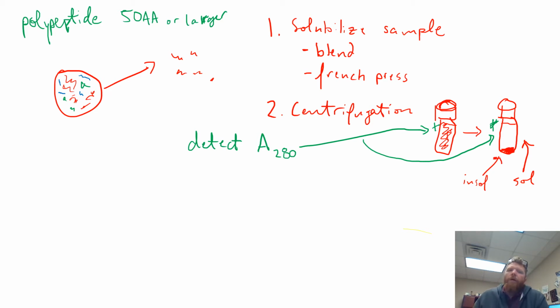Okay, so another thing that you would want to do is be able to detect your protein. A good way of doing that is by knowing what your protein does. Let's think of a simple conceptual example.